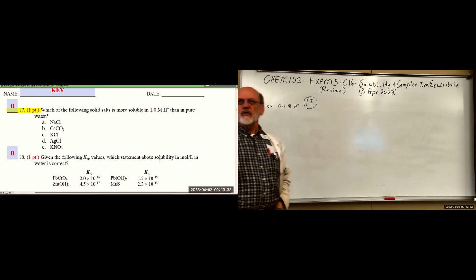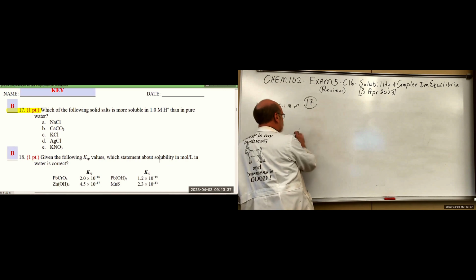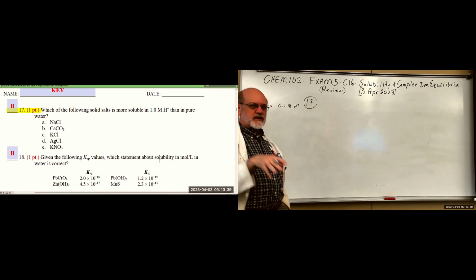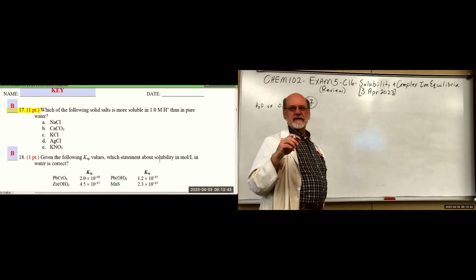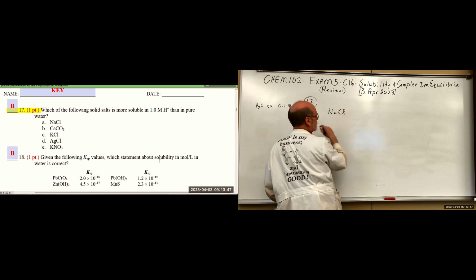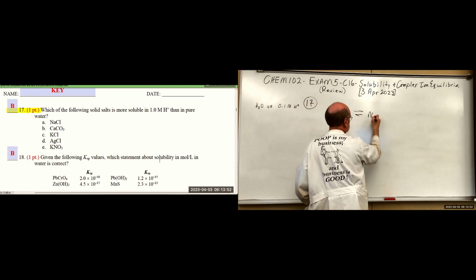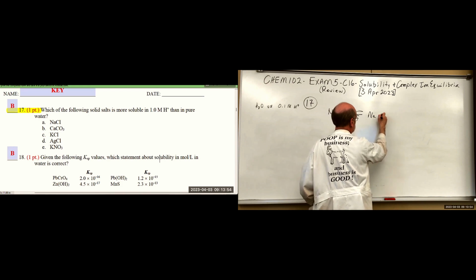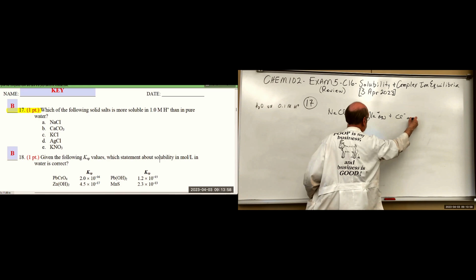Okay, so which one would be more soluble? Well, the idea of increasing solubility with acidity has to do with, let's just take the first one, for instance, sodium chloride. Sodium chloride would become sodium plus chloride ion in solution.